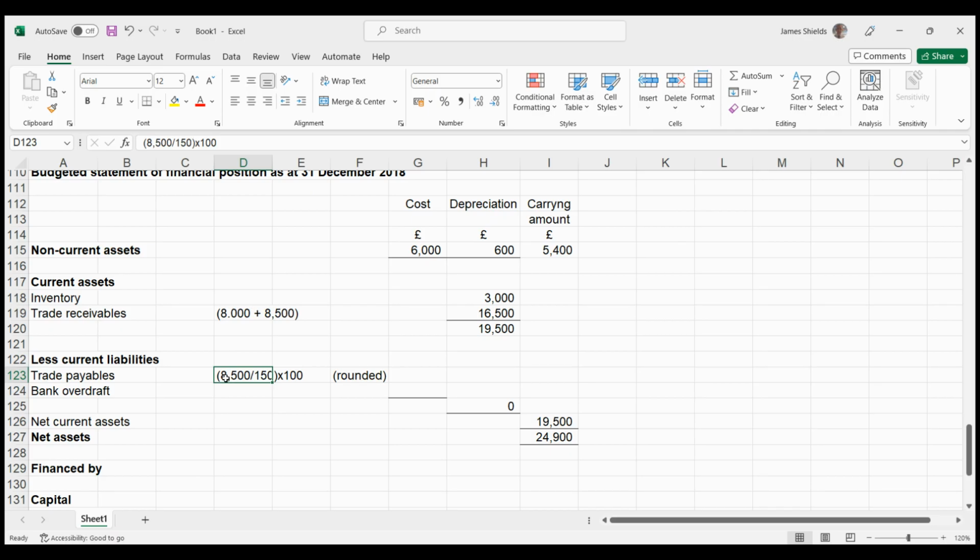That's your December sales, 8,500. To get the cost price, we divide by 150, and then times by 100. Now, when I did this calculation, it comes to a decimal, so I'll round it to the nearest whole number. So let's see what we're going to get then. So it's 8,500 times 100 divided by 150. And it comes to 5,667.